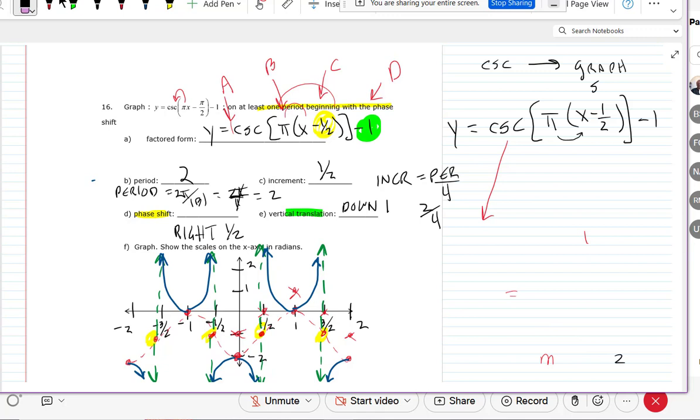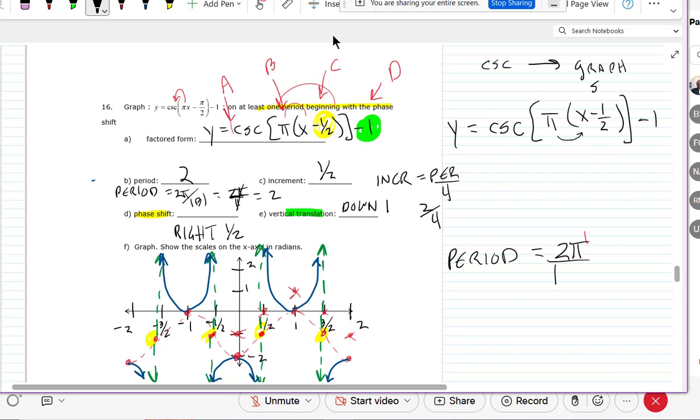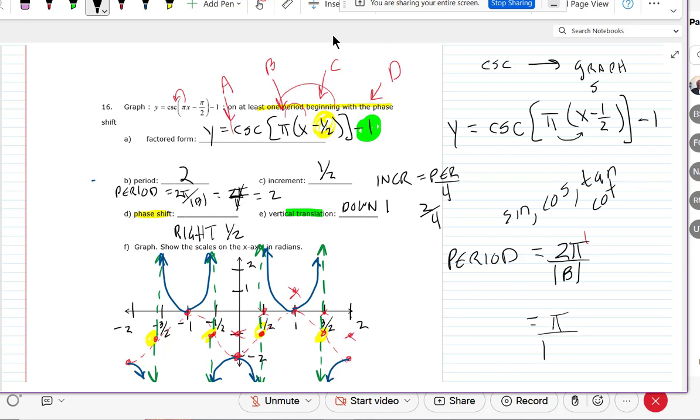Okay, and I do want to show you one other thing on this problem too. But Felipe, to get to your question, basically the period has a formula to it. The formula is 2 pi over the absolute value of b if you are doing the sine, cosecant, or secant.